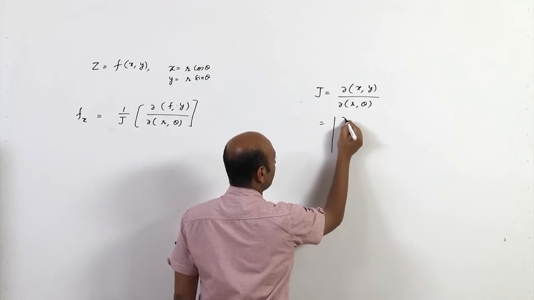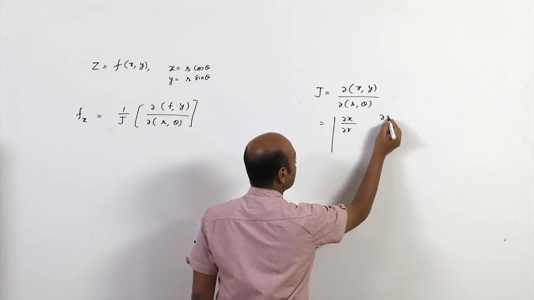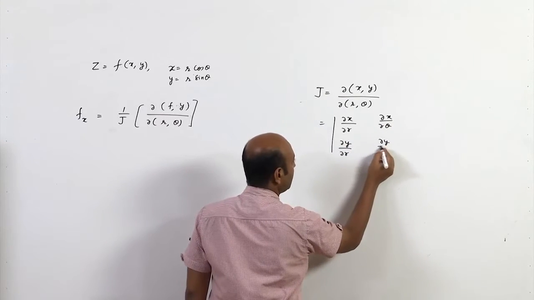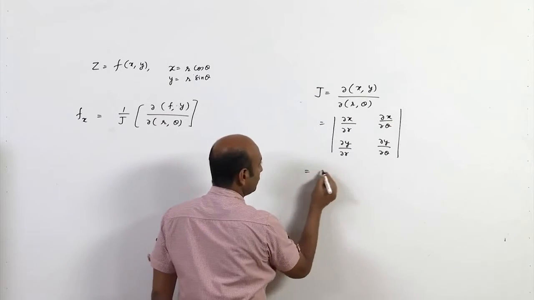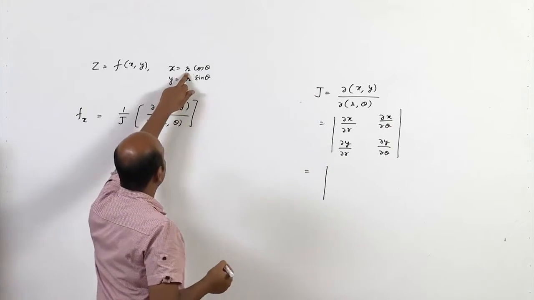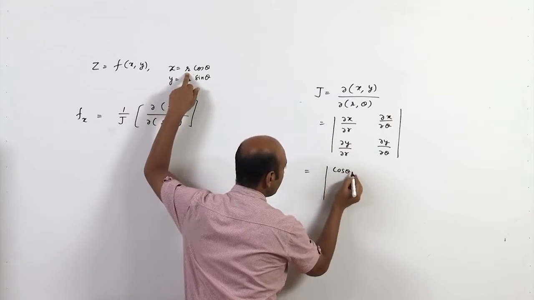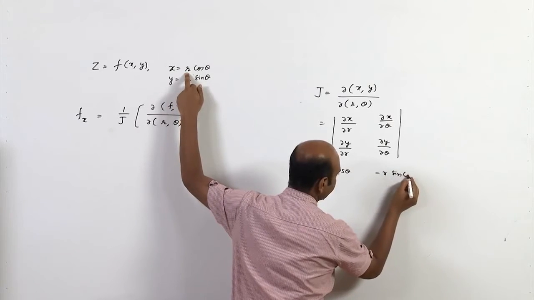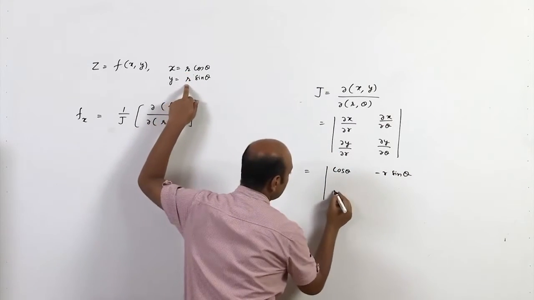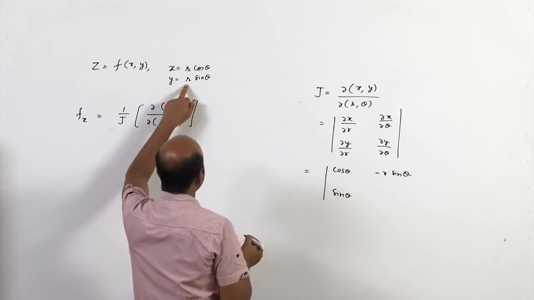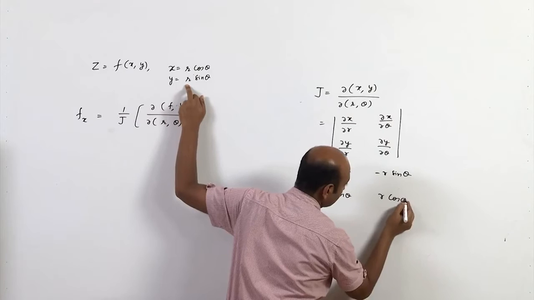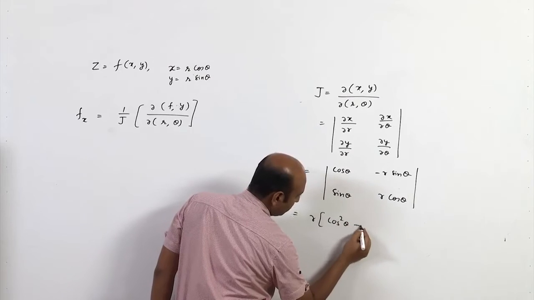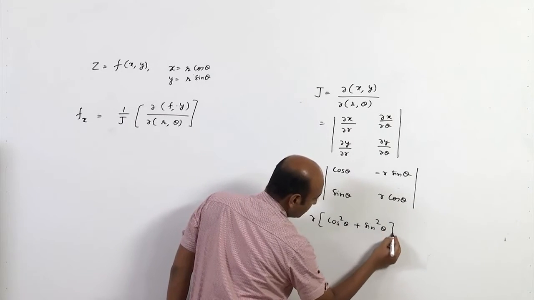It is the determinant of del x upon del r, del x upon del theta, del y upon del r, del y upon del theta, which is equal to, now what is del x upon del r from here? It is cos theta, del x upon del theta is minus r sin theta, del y upon del r is sin theta, and del y by del theta is r cos theta. When you take the determinant, it is r times cos square theta plus sin square theta, which is r into 1, which is r.